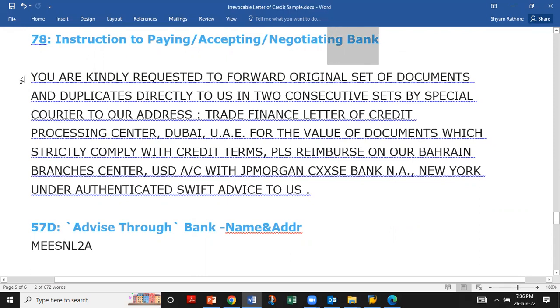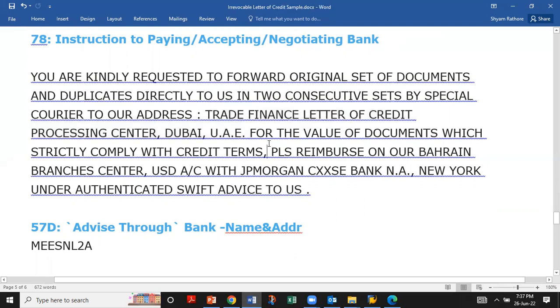What is the instruction? You are kindly requested to forward the original set of documents and duplicate directly to us. So the original documents need to be sent to the bank and the duplicate to us, meaning the importer, in two consecutive sets by special courier to our address. At this address is the trade finance center, where the letter of credit is processed. They need to send the documents to this address.